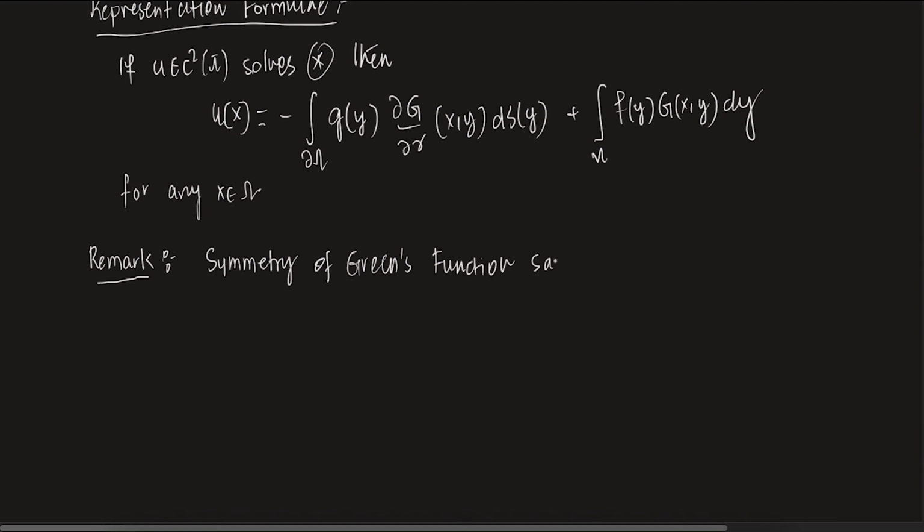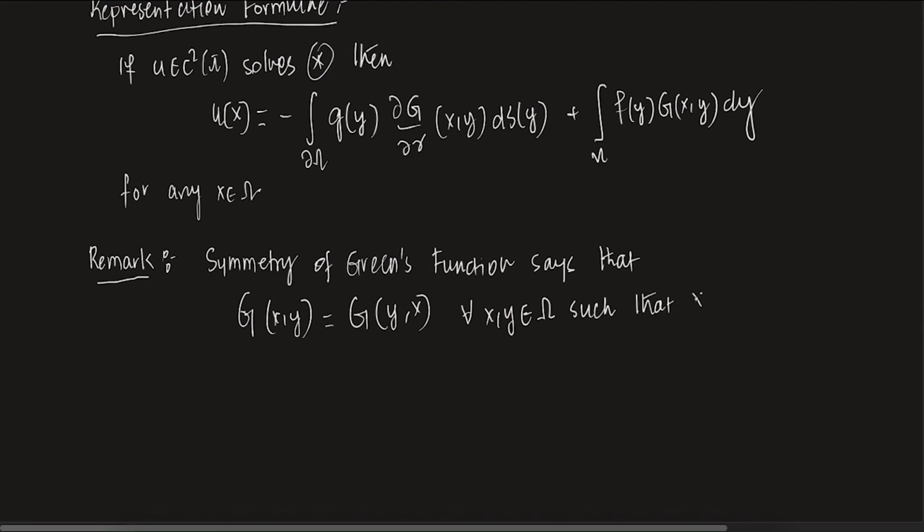It says that g of x comma y equals g of y comma x. This holds for all x, y in omega such that x is not equal to y. Essentially it says that if you change x to y or y to x, it does not matter, it remains the same.